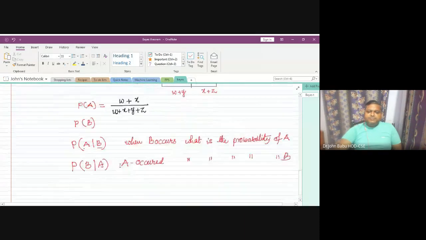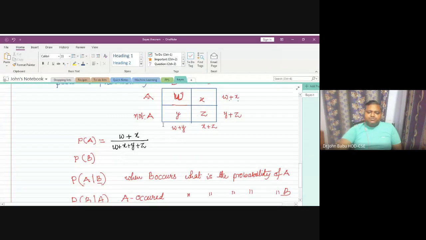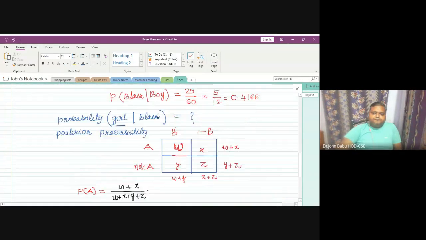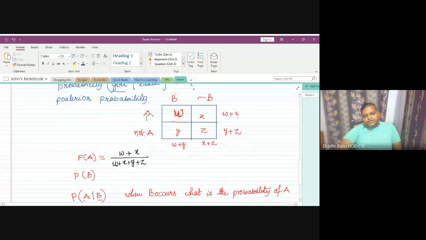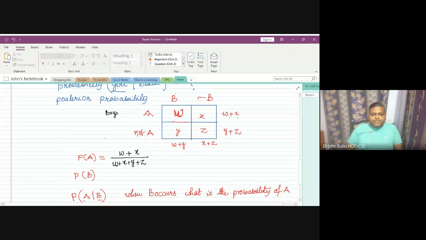So in the same light, the total students are W plus X plus Y plus Z. A is boys and these are girls, not boys means girls. This is wearing black, not wearing black.